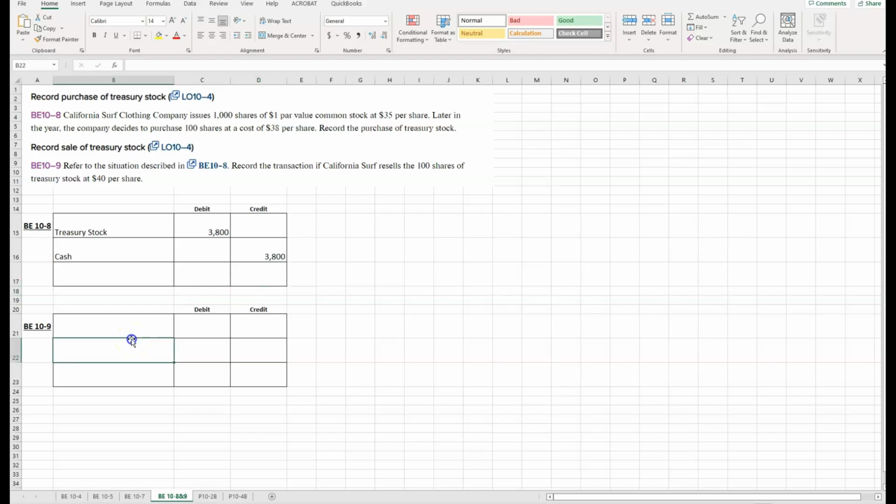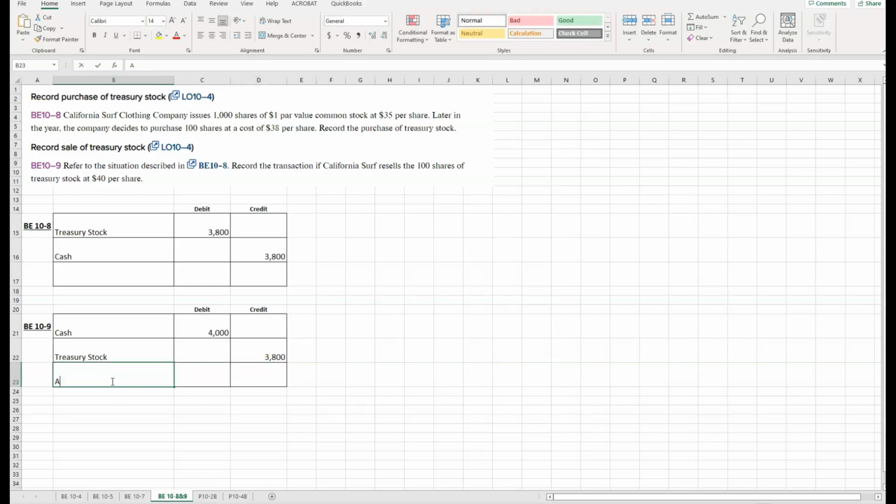So if I resell it, I'm getting cash, 100 shares times $40. I want to reduce the treasury stock account, but I want to reduce it by the amount per share that I put it in at. I put it in at $38 a share. I'm going to take it out at $38 a share. So 100 shares times 38.